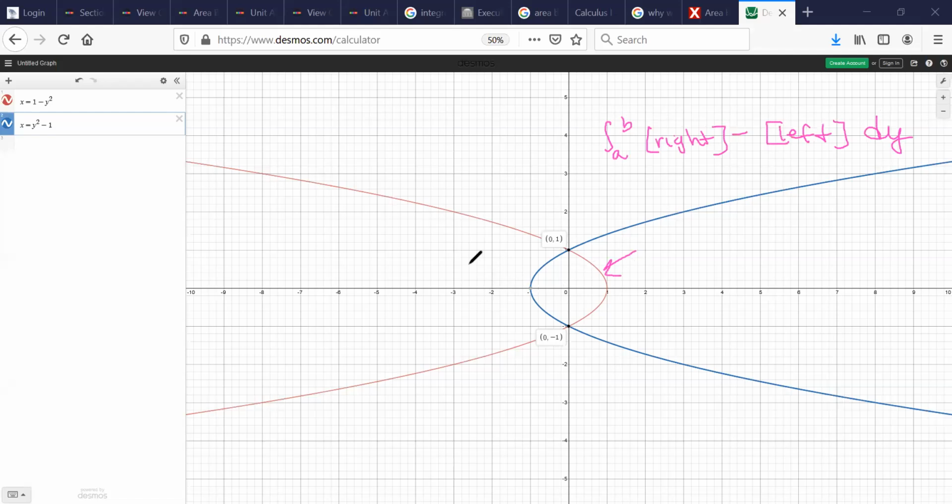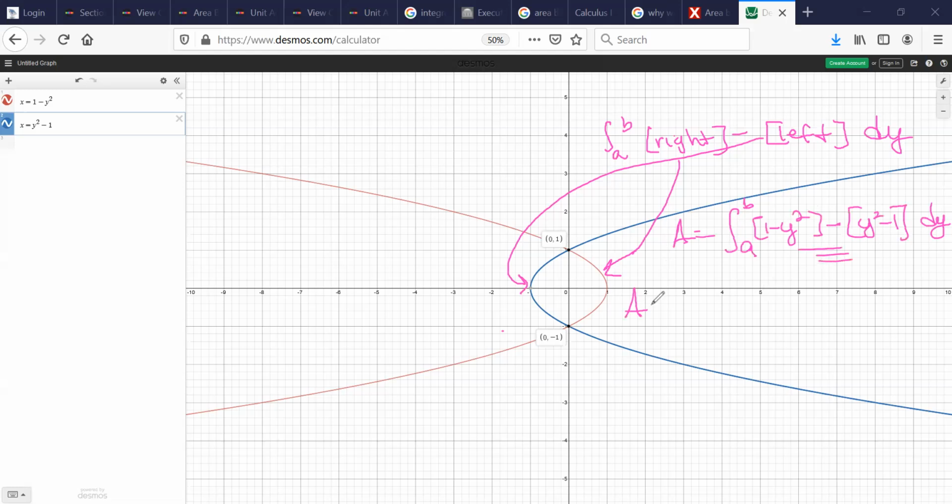So right comes first, left comes second. And then you got this one over here. So this integral is going to look like this. The integral from A to B of 1 minus y squared minus y squared minus 1 dy.